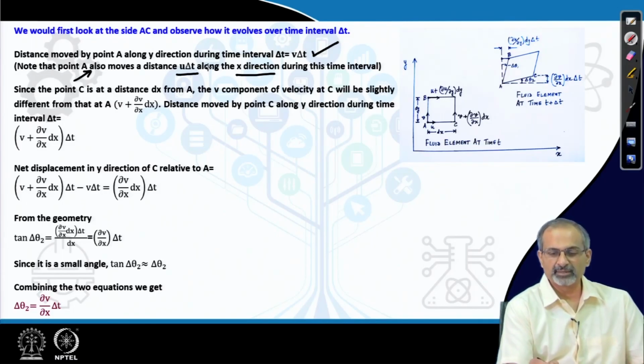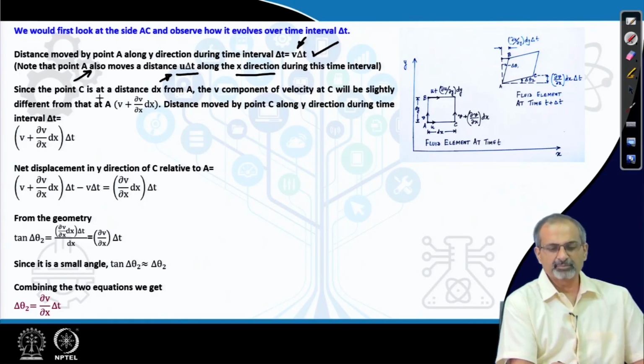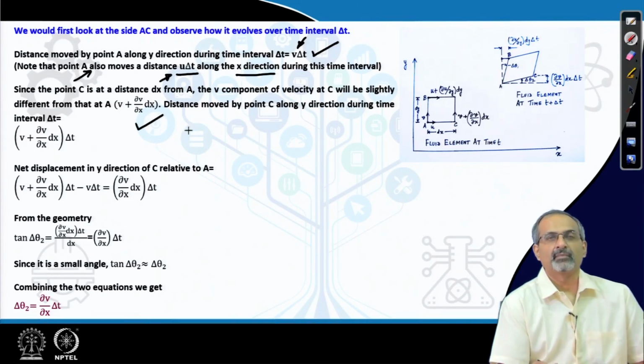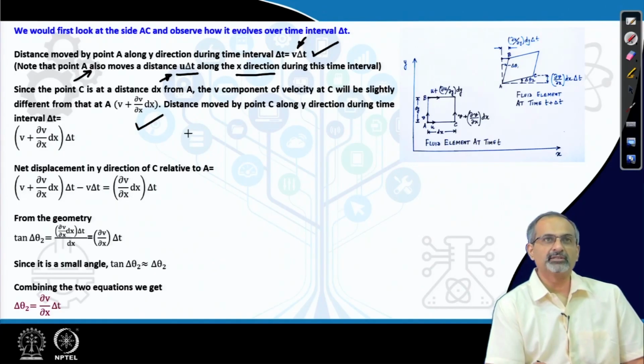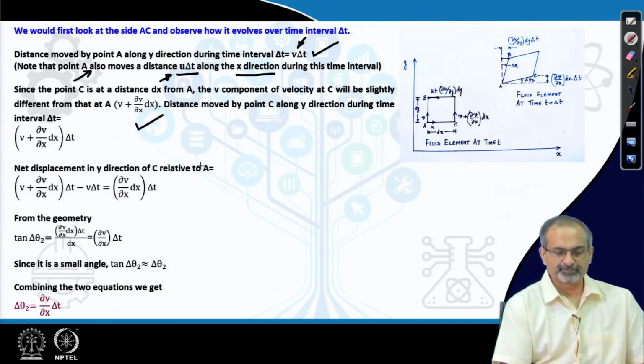That is why we are keeping silent about this part, we are more busy analyzing the v part. Since the point C is at a distance dx from A, as we explained that it has a slightly different v component of velocity there, and therefore, it would displace by a different rate.